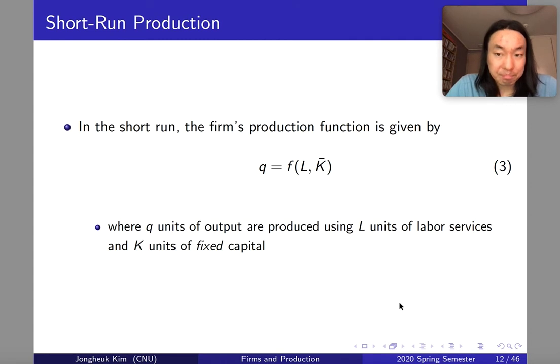Mathematically, we can express the short run production function as equation number 3. The small q is still the amount of output, and the output will be given by a specific mechanism or technology, the function f, with labor L and capital K. The only difference between equation number 2 and equation number 3 is that there is an over bar on the K, which means that the capital in this case is fixed.